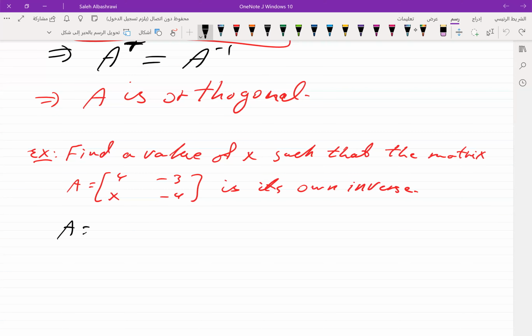That means A is equal to A inverse. So I need to find the value of x so that it is its own inverse.